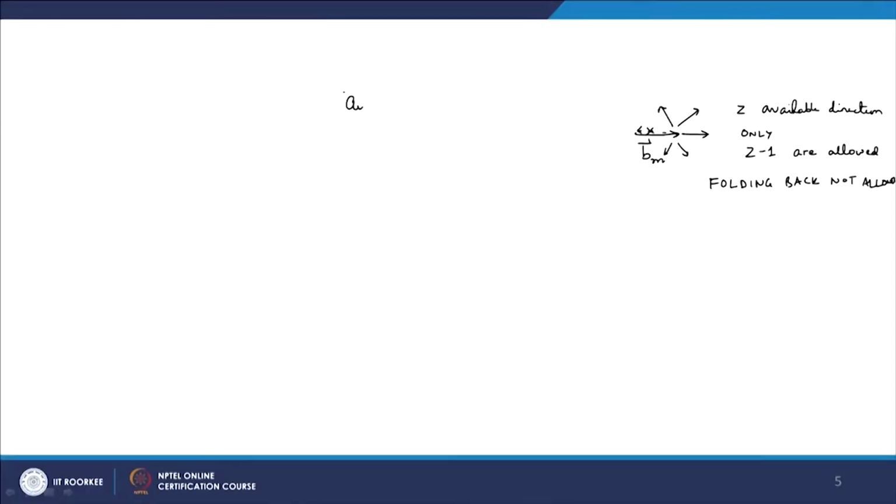So, now if I represent by A i the available directions including the one that folds back onto the previous step, and now if I sum over that A i, this must be equal to 0, because if I account for all the directions, then for every direction the opposite direction is equally probable.